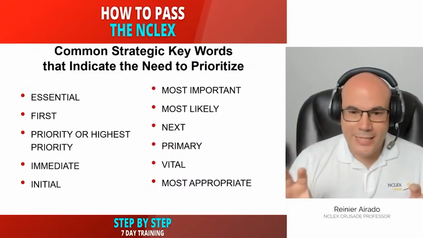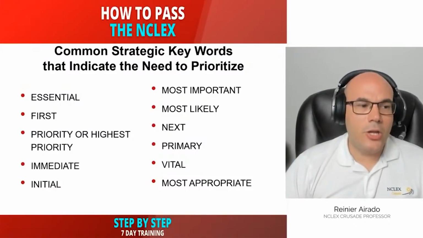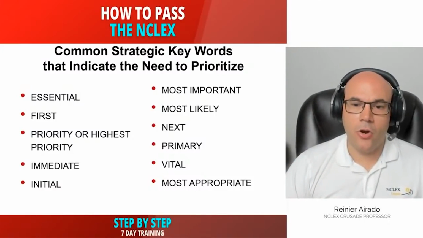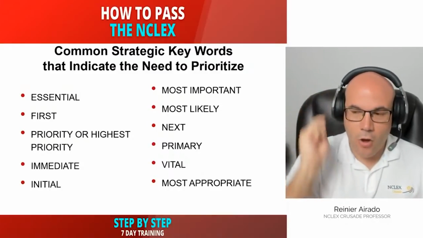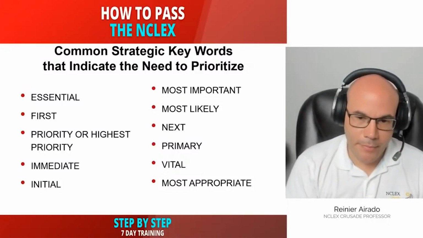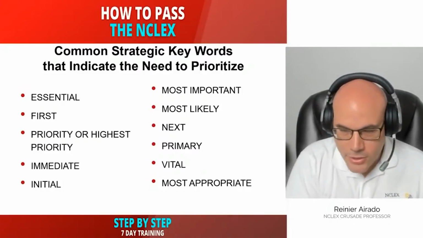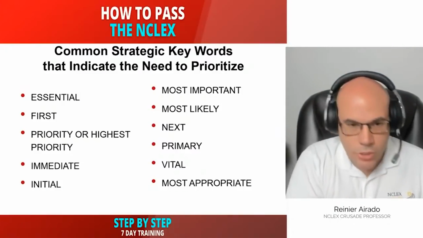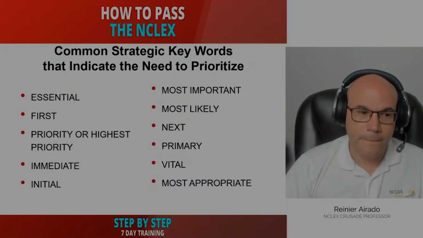If you see these keywords, it's telling you that you're probably in front of a priority question. And whenever you see that, you're going to tell yourself, okay, what priority strategy can I use? Assessment versus implementation, Maslow's hierarchy of needs, the DSAR method, the doctor strategy. There's a bunch of prioritization strategies that you can learn.